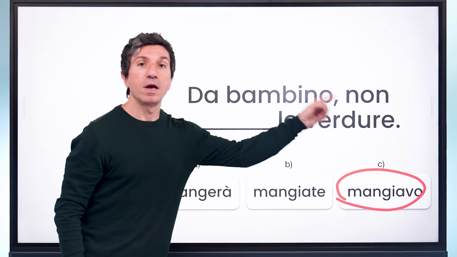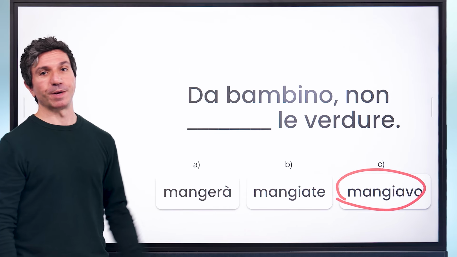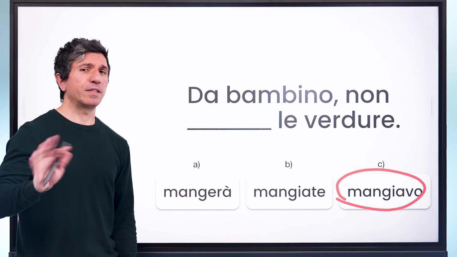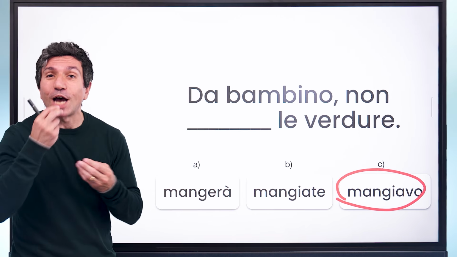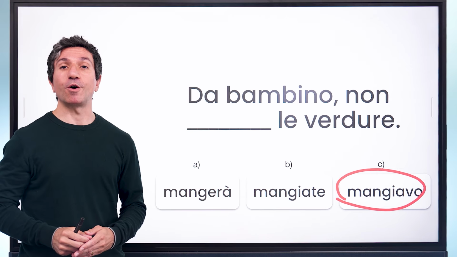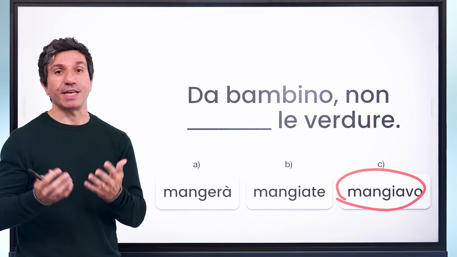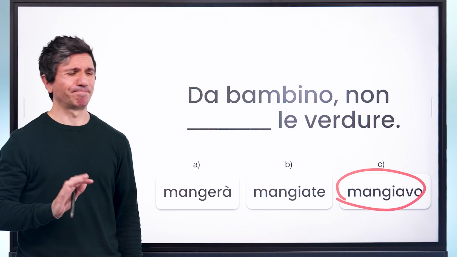Da bambino non mangiavo le verdure. As a child, I didn't used to eat vegetables. We use mangiavo, the first person singular of mangiare, to express a habitual dislike.